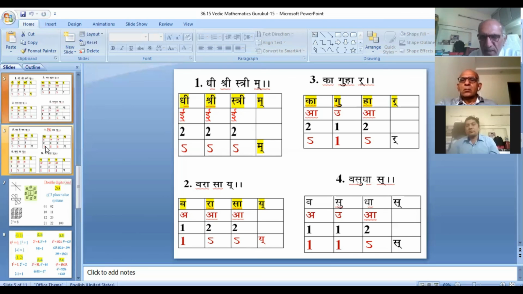First, Ma gana, in which all three dimensions are planes. Second is Yagana, in which one dimension is a line and two dimensions are planes. The third is Ragana. Here too, one dimension is a line and two dimensions are planes.